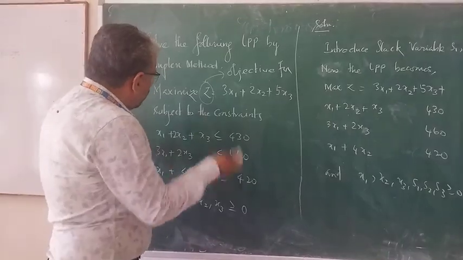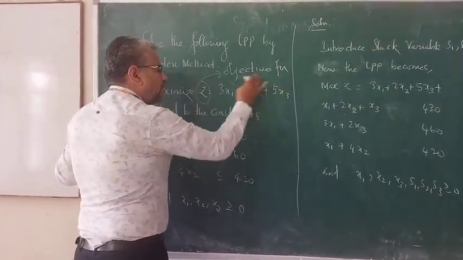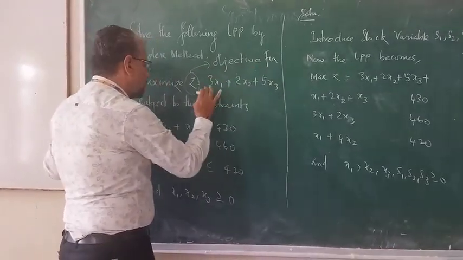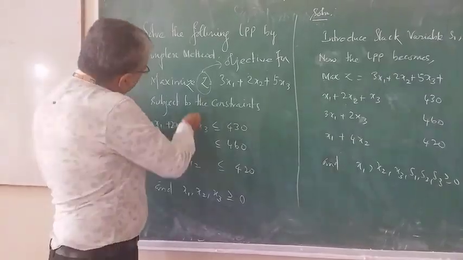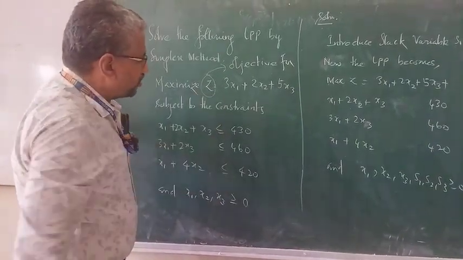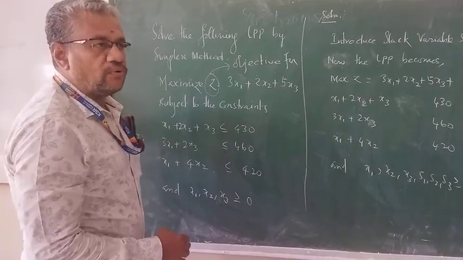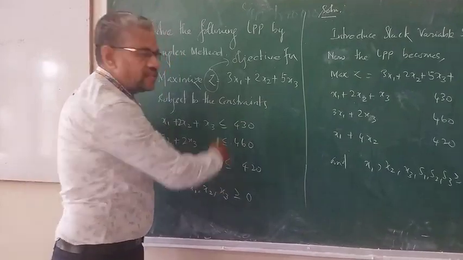So here the given equation is nothing but the profit, so we have to maximize the objective function. In order to maximize the objective function, we have to satisfy some conditions.